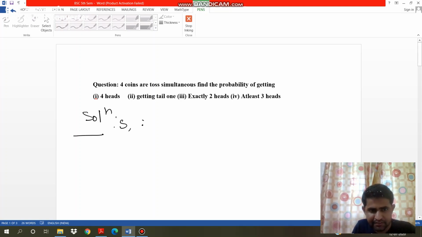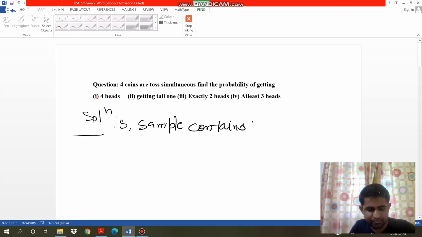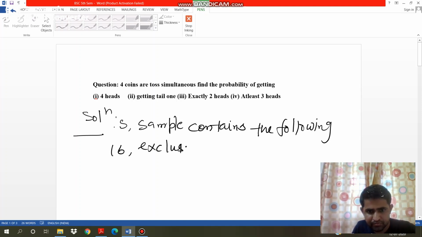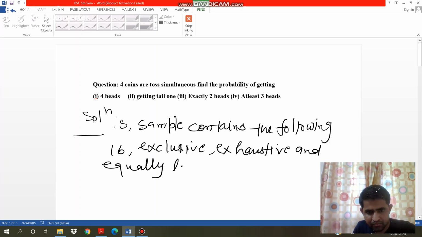The sample space contains the following 16 mutually exclusive, exhaustive, and equally likely outcomes.